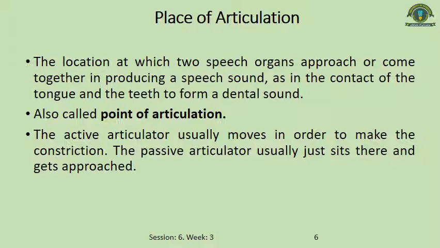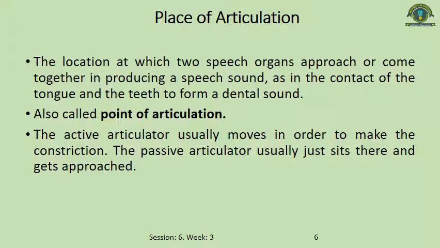So you must understand, when somebody says place of articulation, we are talking about the location at which two speech organs approach. Okay? It is also called point of articulation.